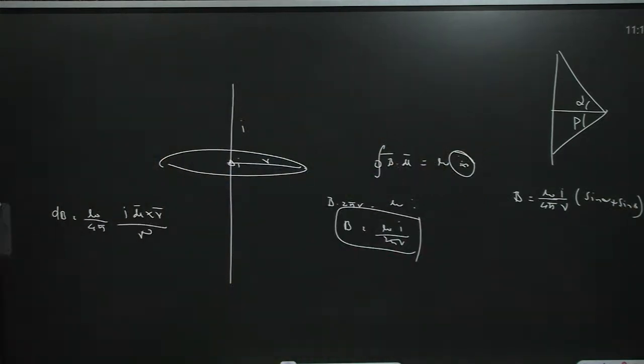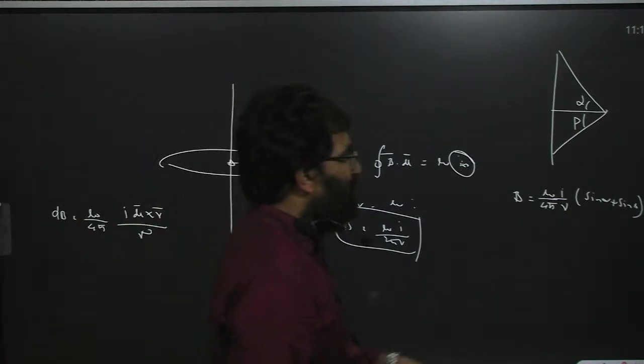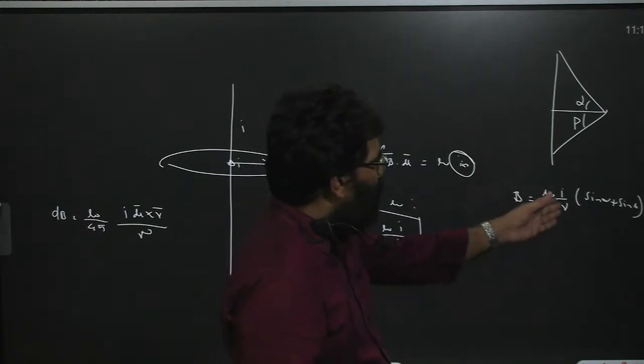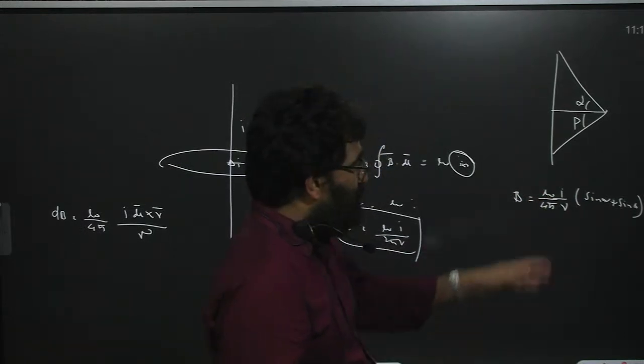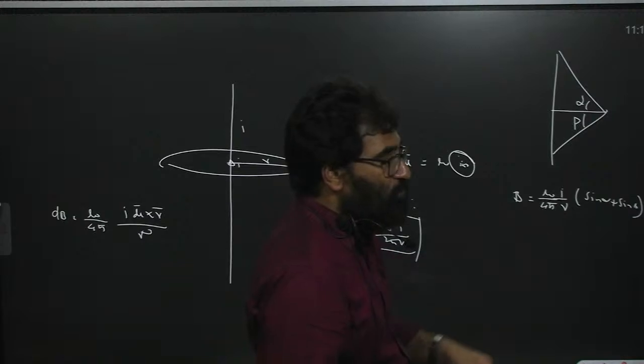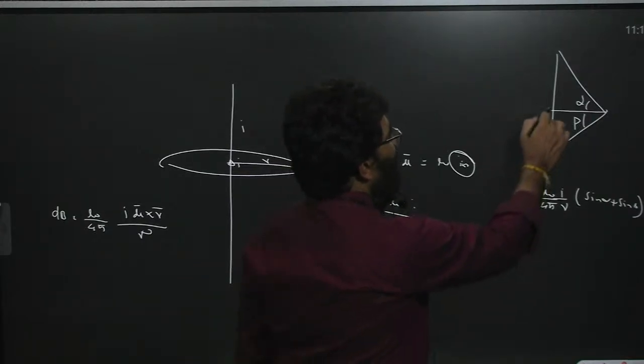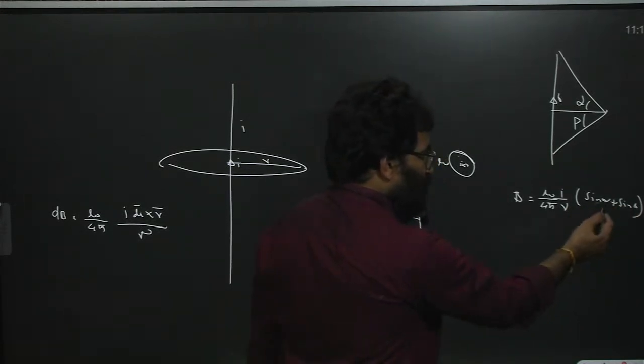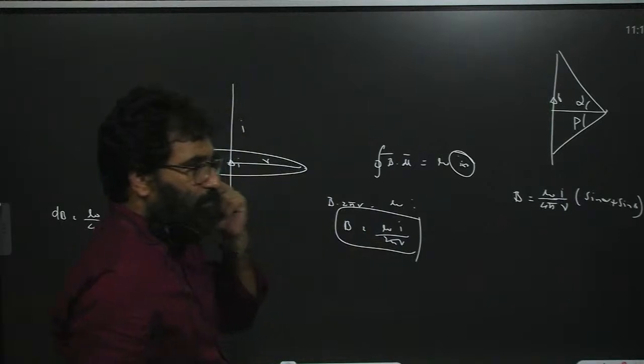If alpha is equal to beta, then it is mu naught I by 2 pi r sin alpha. If alpha and beta go to infinity, meaning an infinite current carrying wire, then sin alpha and sin beta go to 1 each, giving 2, so mu naught I by 2 pi r.